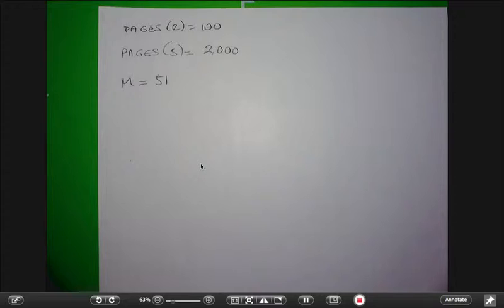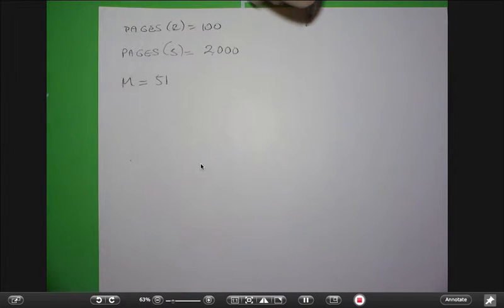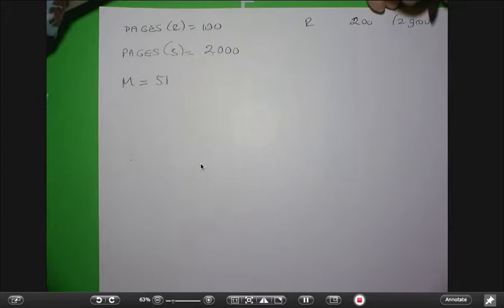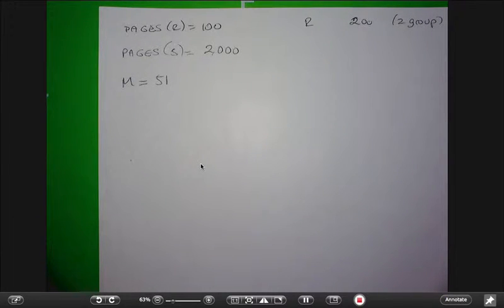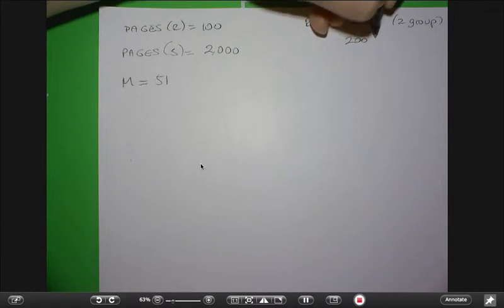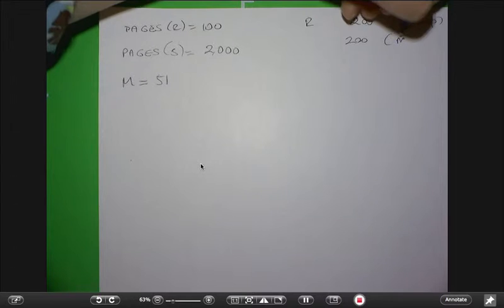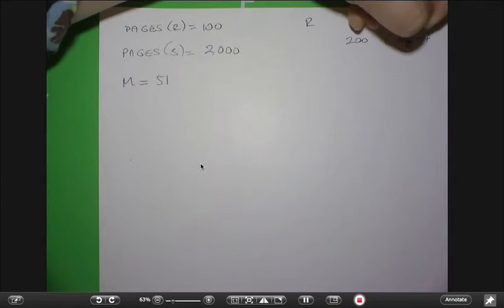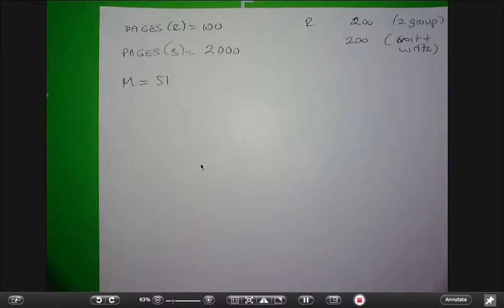So, all right, 51. So I'm going to read R, sort and write, right? So I'm going to, for 200, create 2 groups. So then I can read those 2 groups, sort and write back. I'm writing it back because I'm going to read it to join afterwards.